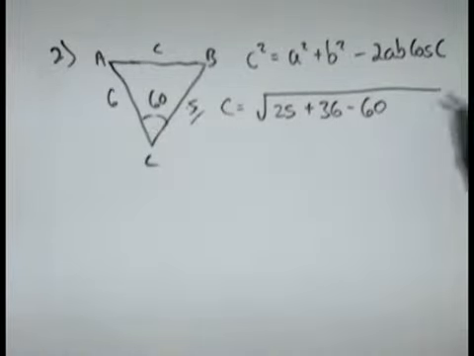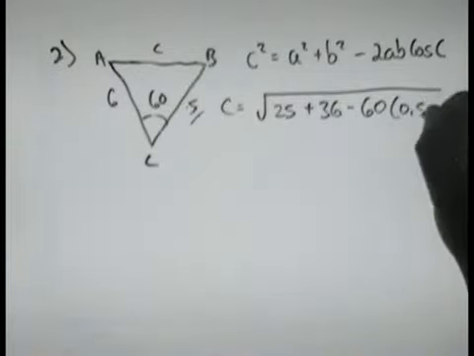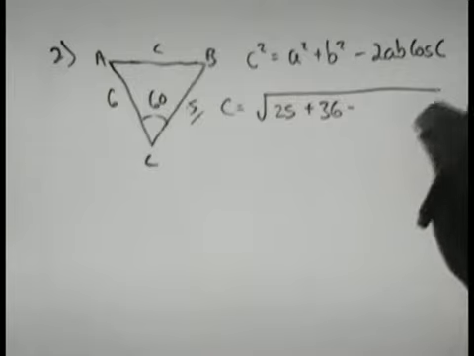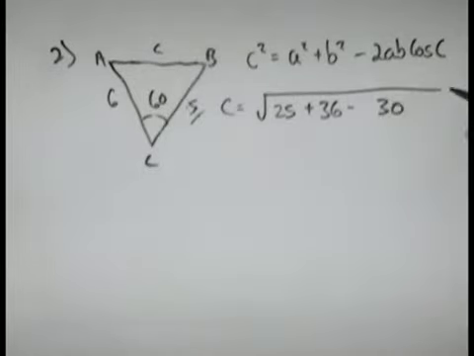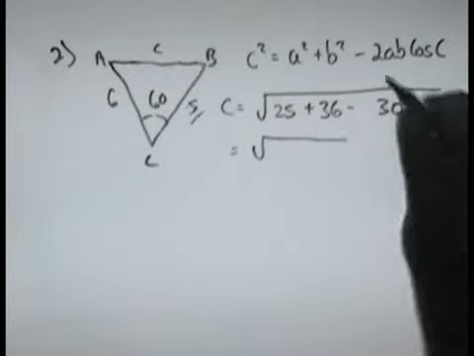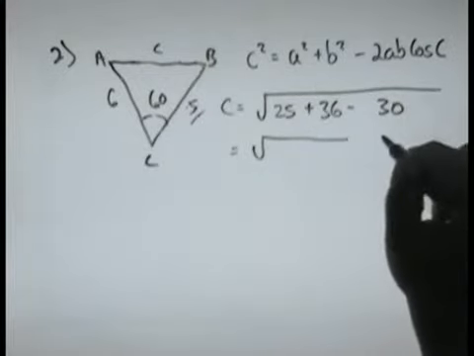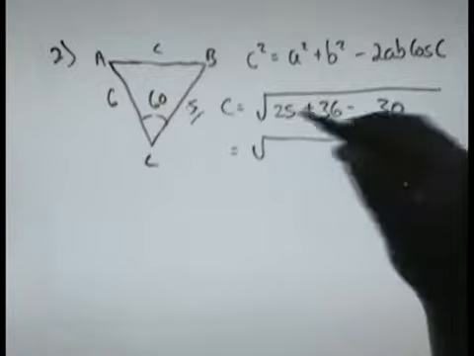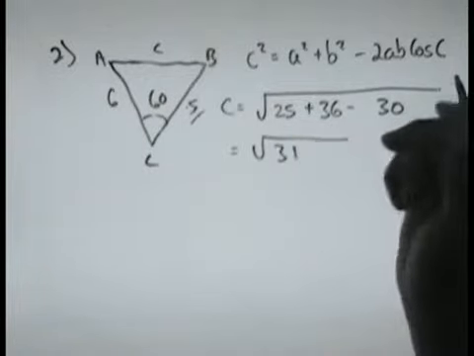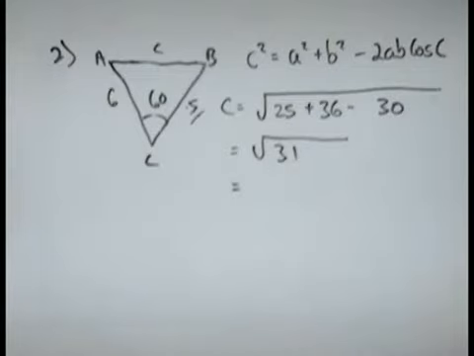Cos of 60 is equal to 0.5. Special angles. 60 times 0.5 is 30. So this is going to be the square root of 25 plus 36 minus 30, which is the same as 25 plus 6, which is the same as the square root of 31.